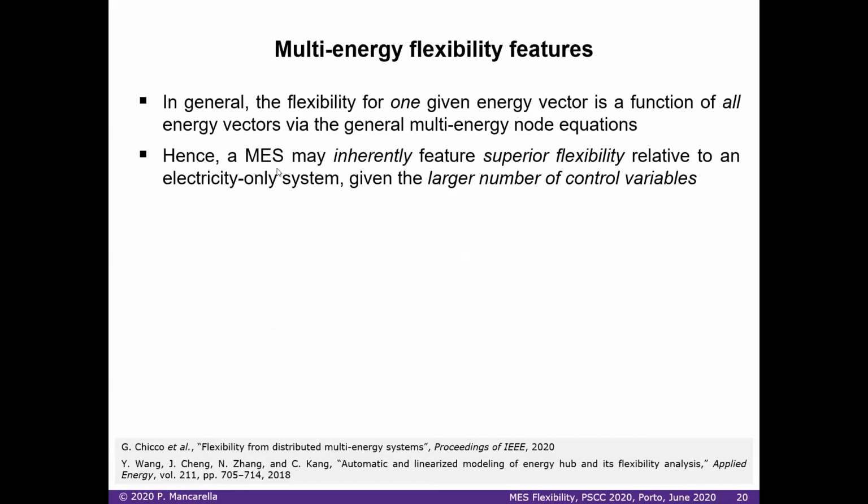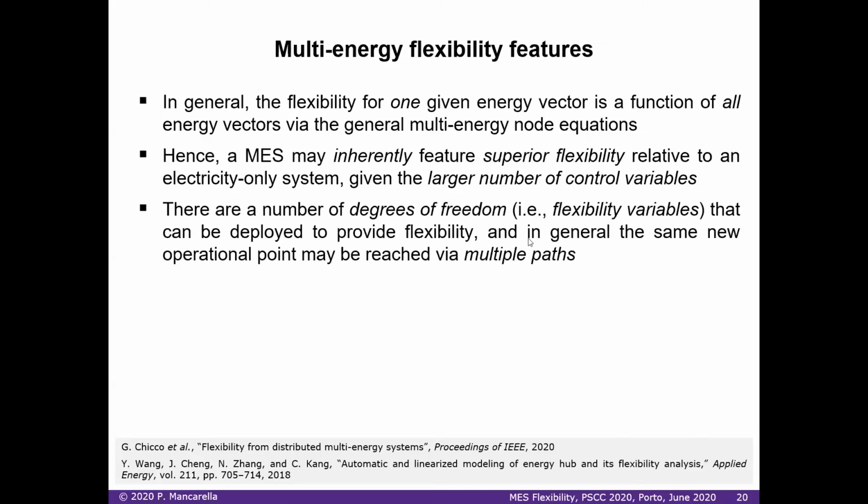The multi-energy system then is inherently more flexible than the electricity-only system, because I have more control variables. So mathematically, as I was showing earlier in the example of the dispatch factors, I start having more paths to, for example, supply demand, and naturally by controlling, for example, internally to the plant, the multiple paths I have to supply my multi-energy demand, I can also modulate the input energy vectors.